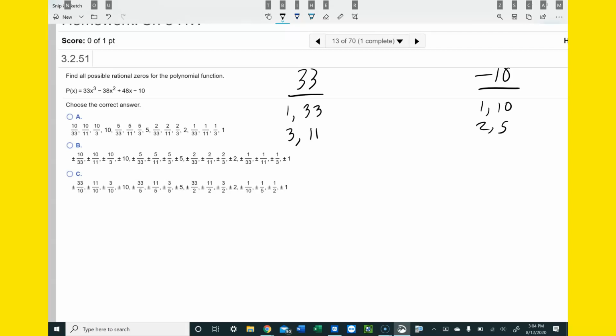So I'm going to put each one of these over each one of these. So first, I'm going to do the 1, right? The 1 over each of these 4. So 1 over 1, 1 over 33, 1 over 3, 1 over 11.